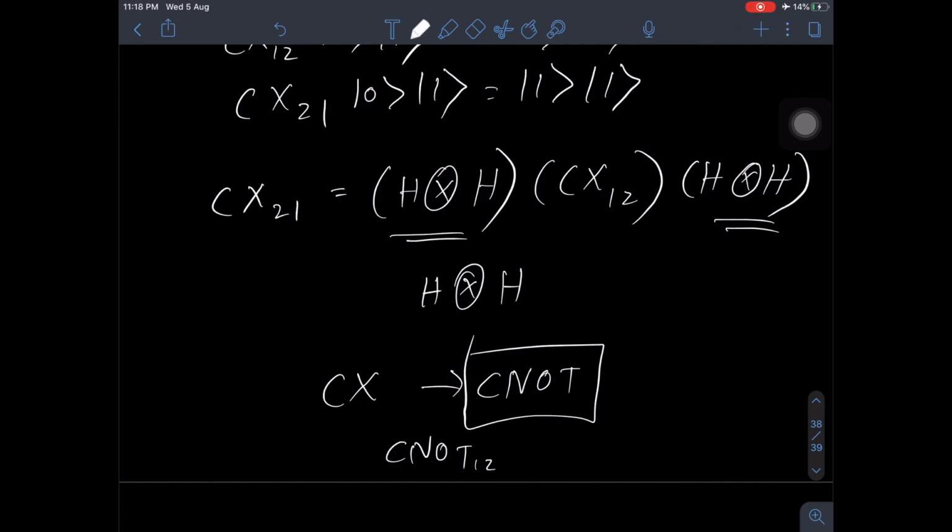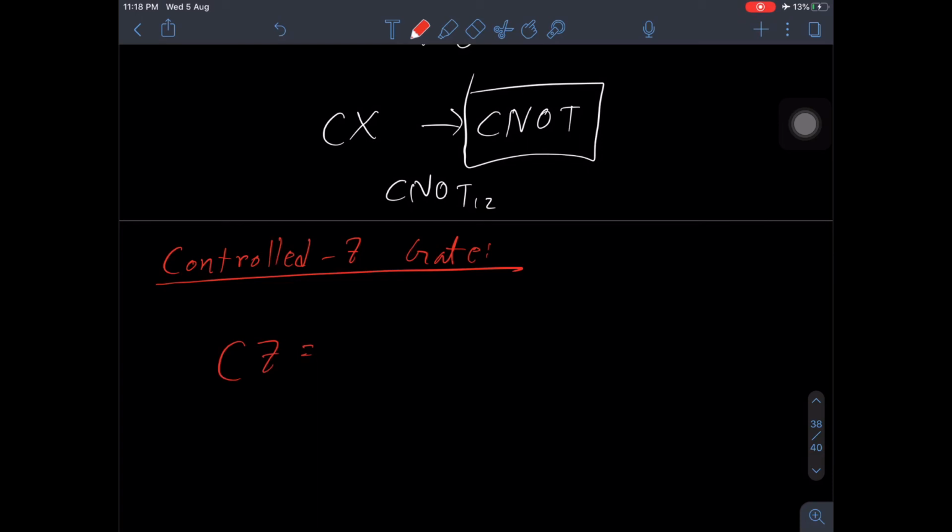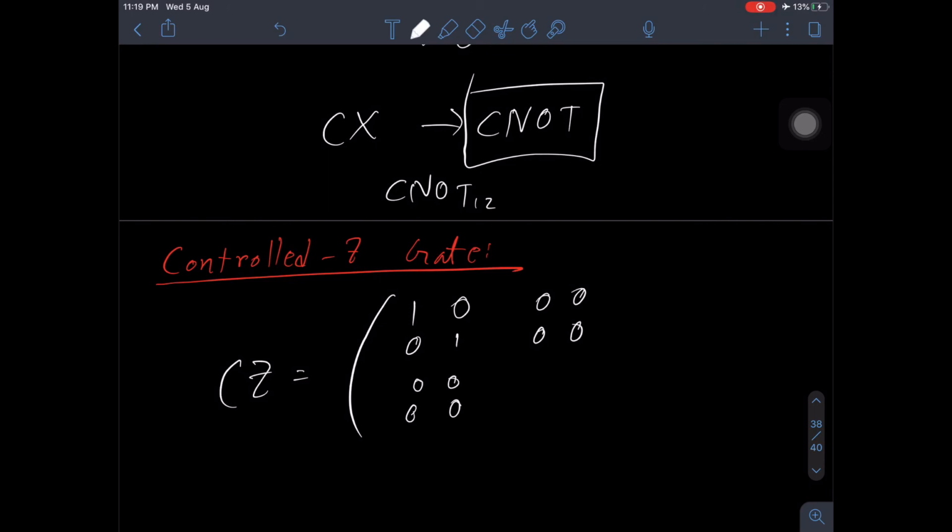All right, and we can similarly do controlled z gates. So what is that? If you can check explicitly, cz can be written as 1 1 here, all the zeros here, and now here it will be the z gate, not the x gate like before.